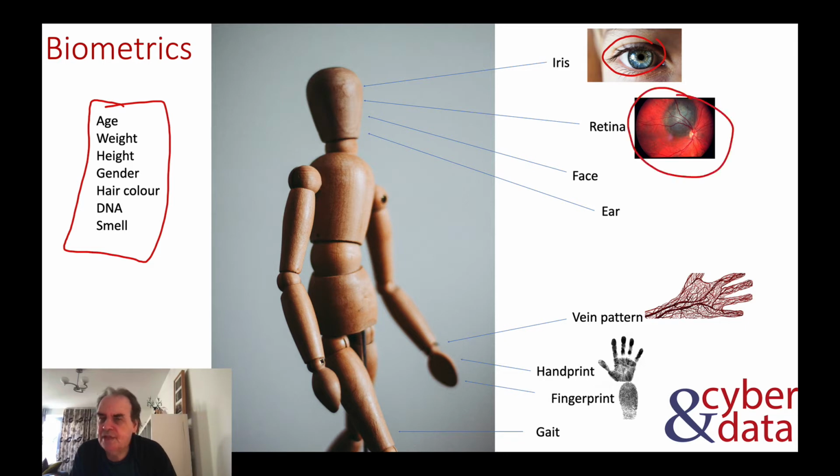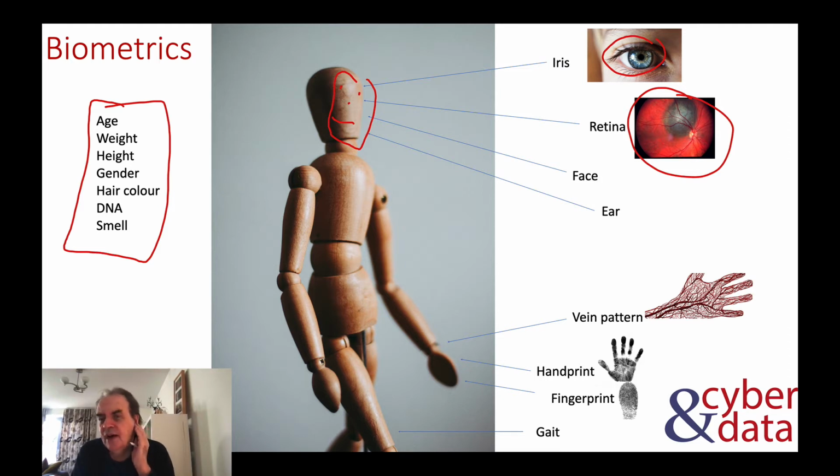But one of the best is to be able to shine infrared light into the eye and to look at the vein pattern on the retina. As we'll see, face recognition is one way to be able to detect a user fairly uniquely, and it's increasingly used.